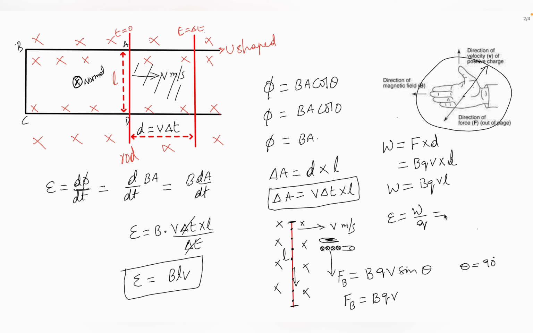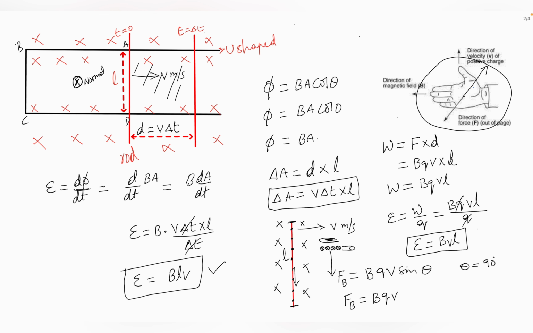So the amount of work done is BQVL, which we just got before, and per unit charge is Q. Q and Q get cancelled, so induced EMF should be equal to BVL, which is exactly the same equation that we got here, BLV or BVL. So the same expression is derived without using Faraday's law of electromagnetic induction. So in both the ways you can apply and use it.